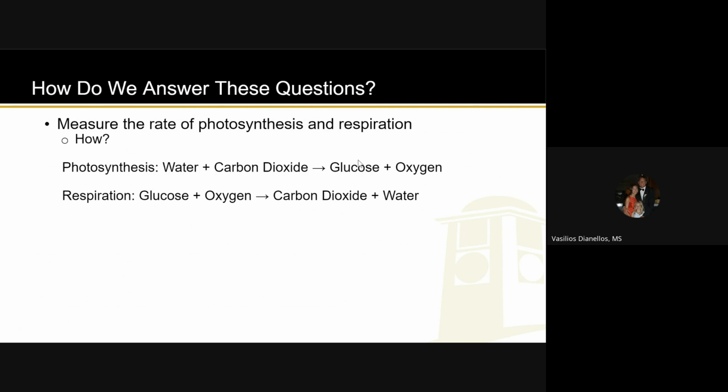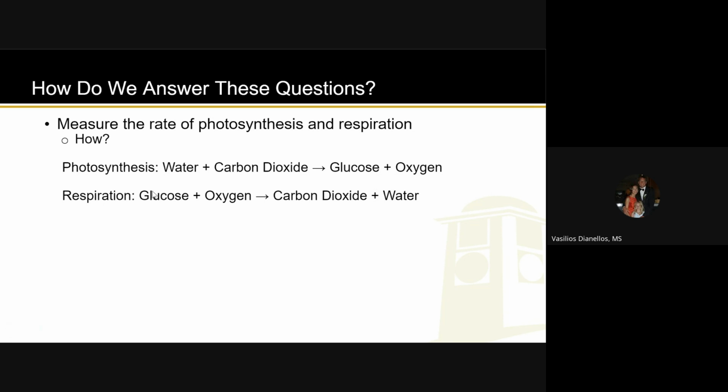If we could somehow measure the levels of glucose, we know if levels of glucose are increasing, then photosynthesis is happening because photosynthesis produces glucose. If we could somehow measure the oxygen levels, if oxygen levels are increasing, we know that photosynthesis is happening because photosynthesis produces oxygen.